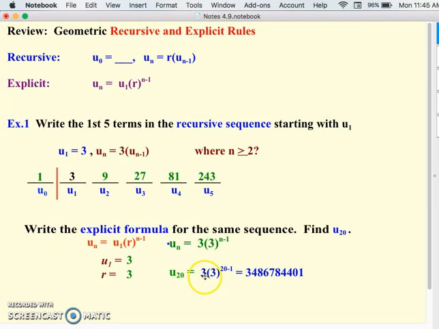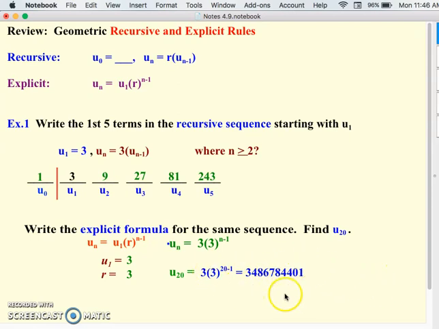So we start out with 3 times 3 to the 20 minus 1, which is really 3 to the 19th. If you want to write 19 here, that's fine, but at least in the notes we want to see where that's coming from. And then obviously use your calculator and get a pretty good sized number. When you start doing things to exponents, especially exponents as large as this, and your base is a number bigger than 1, you're talking about growth, so you're going to get a pretty good sized number.